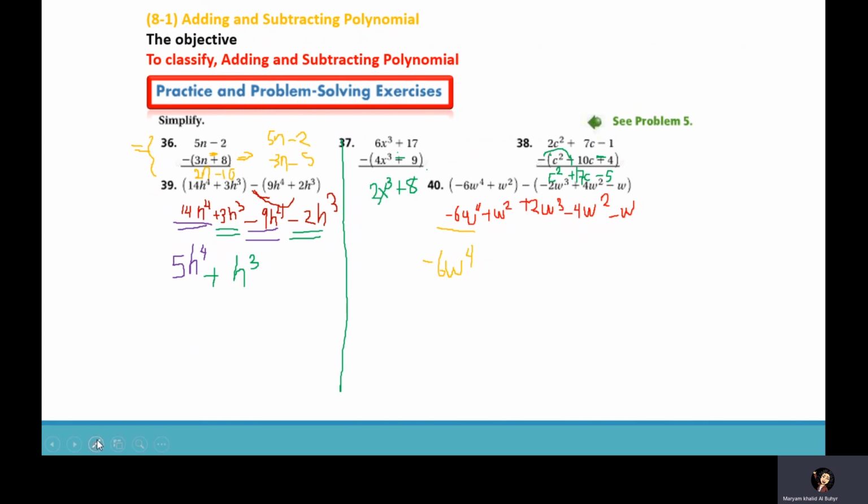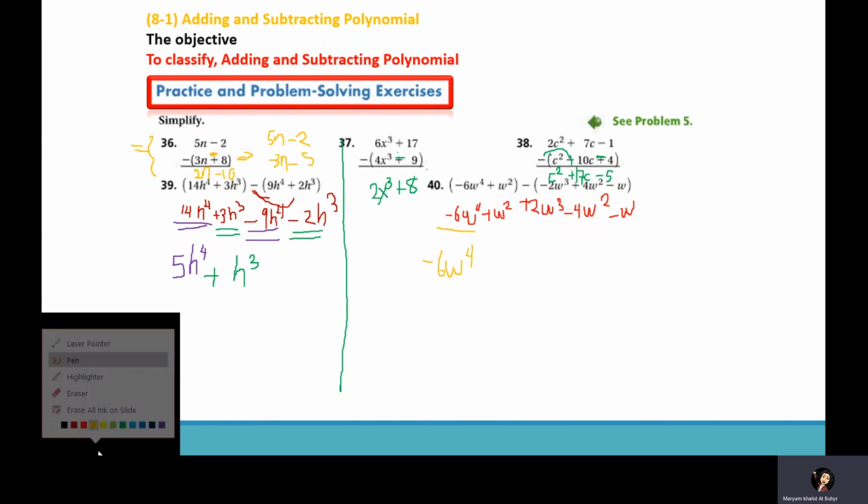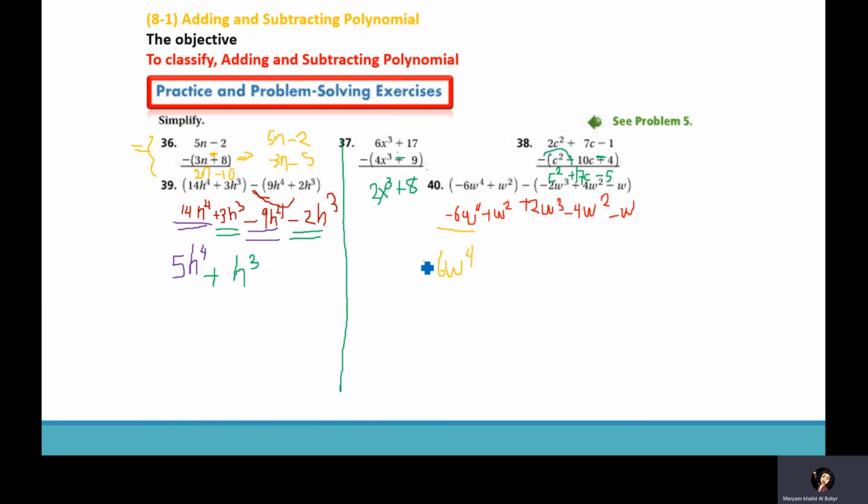Now, next we have, let me change the color, this is to the power 2. I have this one also like this term. So plus, or it will be minus because that's bigger. Negative 4 and 1, 1 and 4, it will be negative 3w to the power 2.